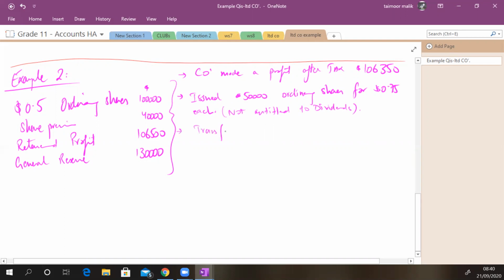Next is transfer to general reserve 40,000. उसके बाद interim dividend of 0.02 per share was paid.